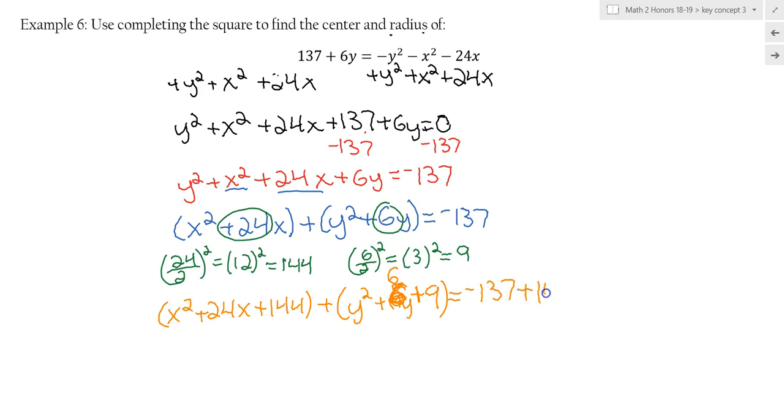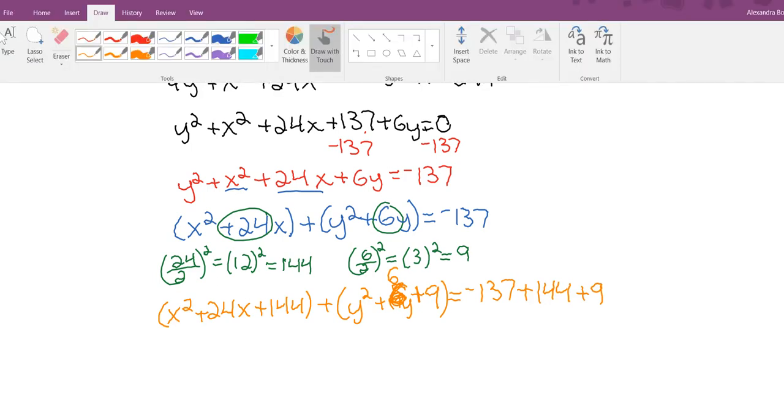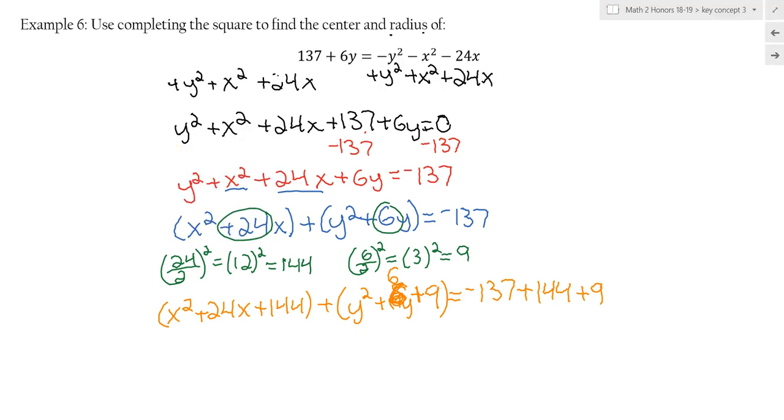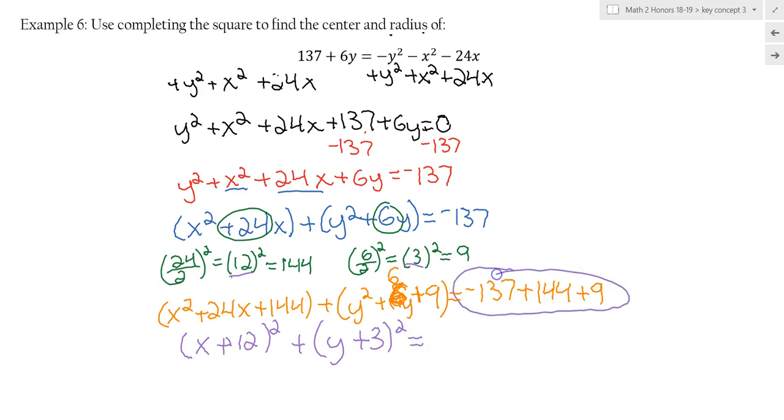I have to add 144, add 9. Rewriting it as a perfect square trinomial, x squared plus 24x plus 144 becomes x plus 12 squared. And then y plus 3 squared equals, adding all these, I get 16, I believe.